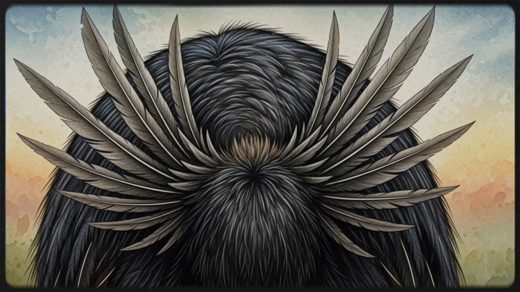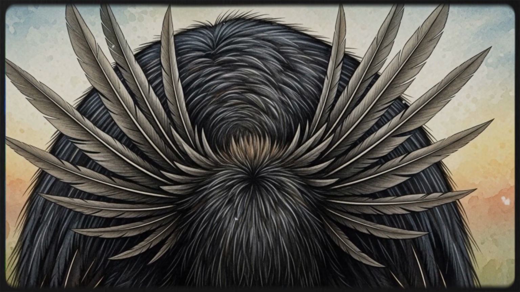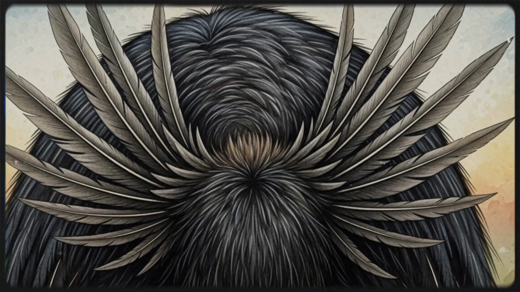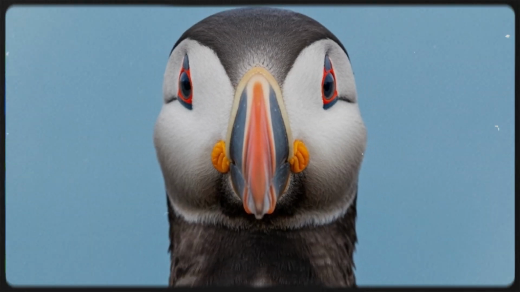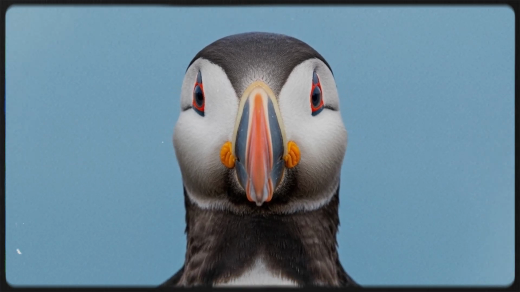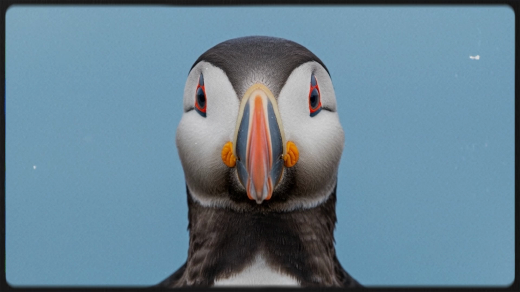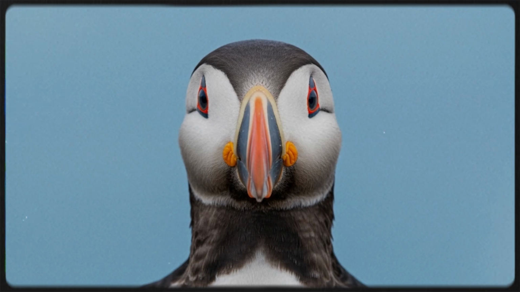Over time, researchers found that small changes in the timing and position of these chemical signals can produce dramatically different feather shapes. This helps explain how the extraordinary variety of feather forms seen across bird species can all arise from essentially the same developmental process.